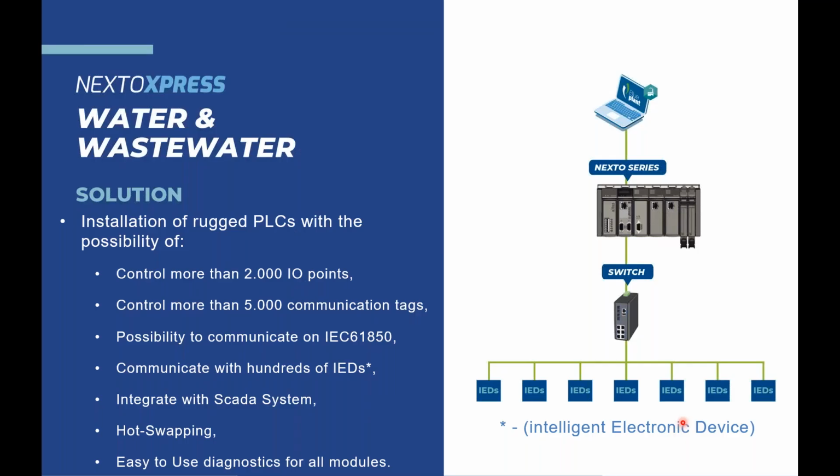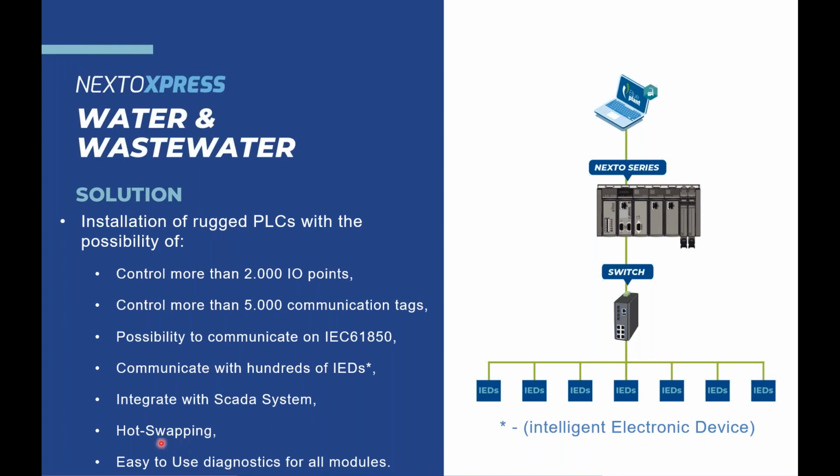So what is the solution that we are bringing? It's the installation of a redundant PLC. In this case of Belo Horizonte and Minas Gerais, we have just one PLC, just one Nexto, and we are controlling more than 2,000 I/O points, more than 5,000 communication tags to the control center, with the possibility to communicate in a special protocol for the electrical segment, that is IEC 61850, communicating with hundreds of IEDs, intelligent electronic devices that they already have in the field, integrated with the SCADA system in the control center.